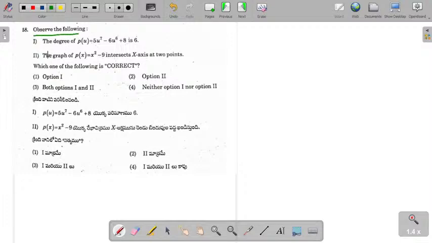Observe the following. First statement: the degree of P of u, which is 5u to the power of 7 minus 6u to the power of 6 plus 8, is 6. Second statement: the graph of p of x is equal to x square minus 9 intersects the x-axis at 2 points. So what is the first statement here? p of u is equal to 5u to the power of 7 minus 6u to the power of 6 plus 8.